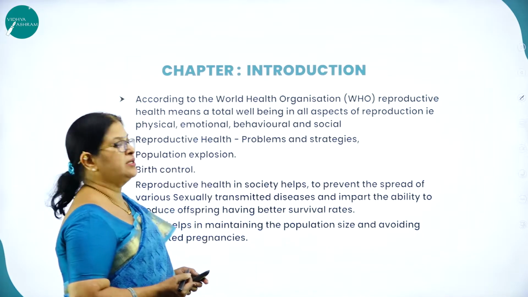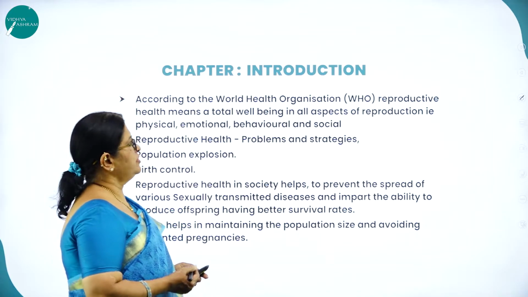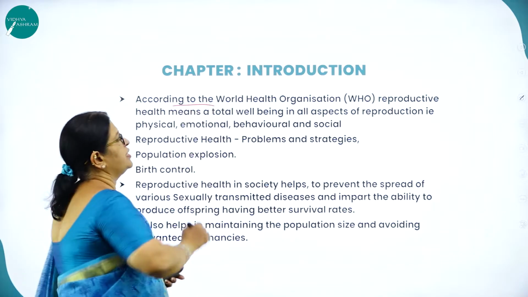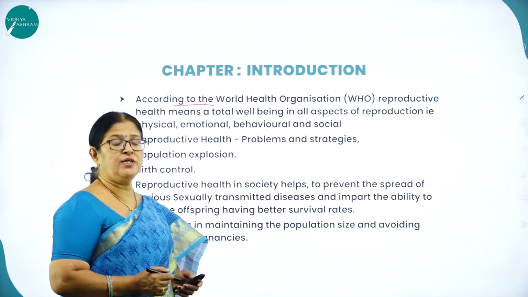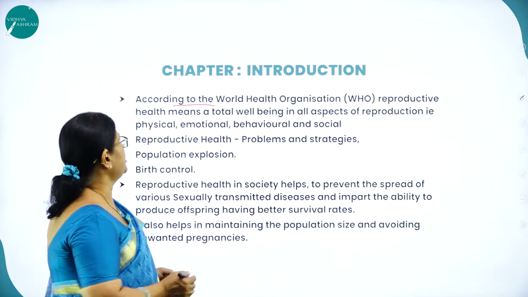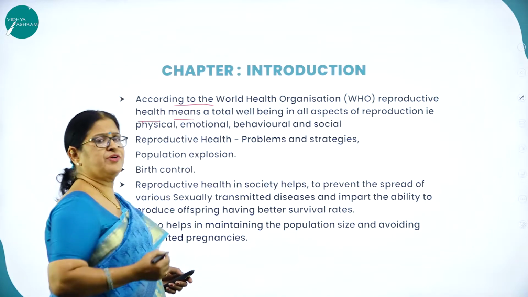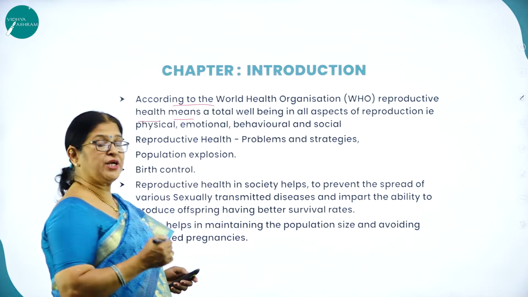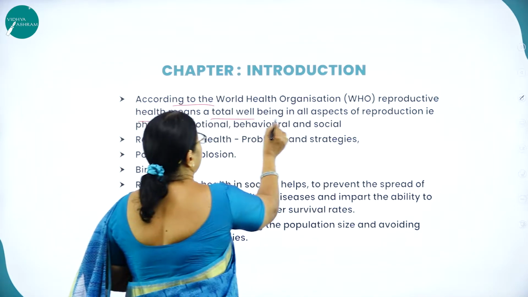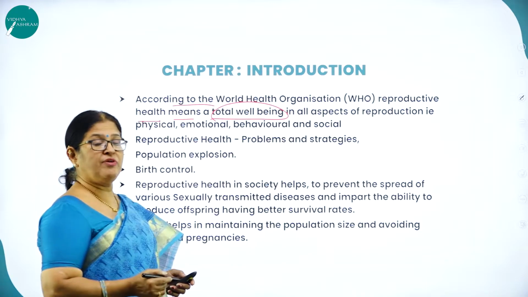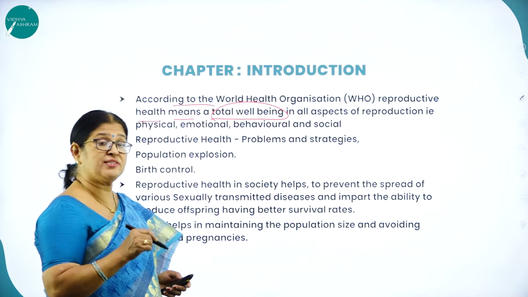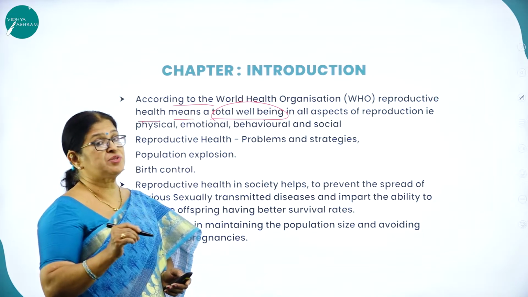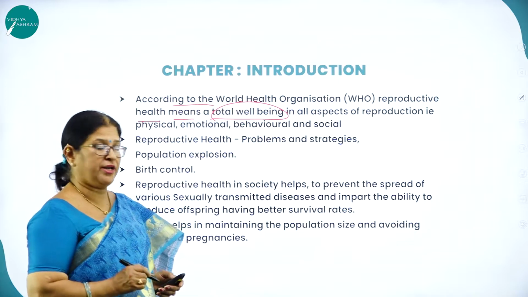Moving on to a brief introduction of this chapter called Reproductive Health. What is reproductive health? I think all of us know health is wealth. So what do you mean by reproductive health? Reproductive health means total well-being, in all aspects, hence the name. Maintaining good health in terms of reproduction, we use the word reproductive health.